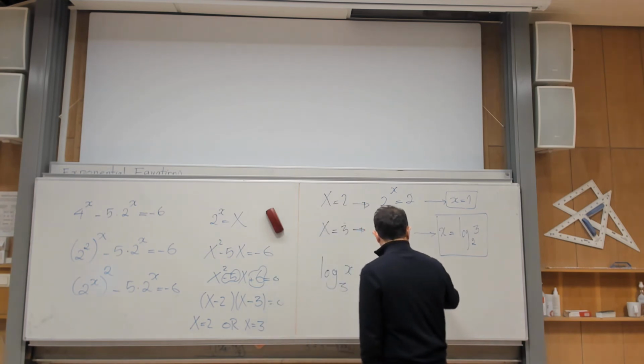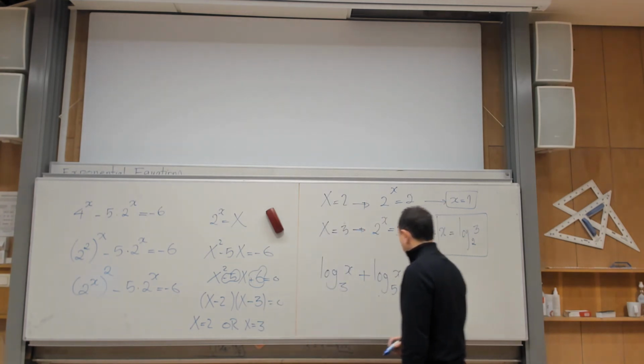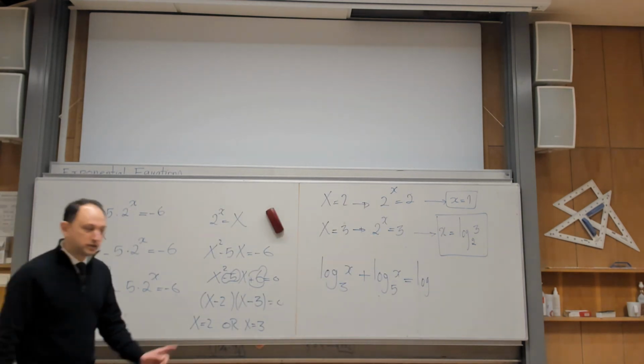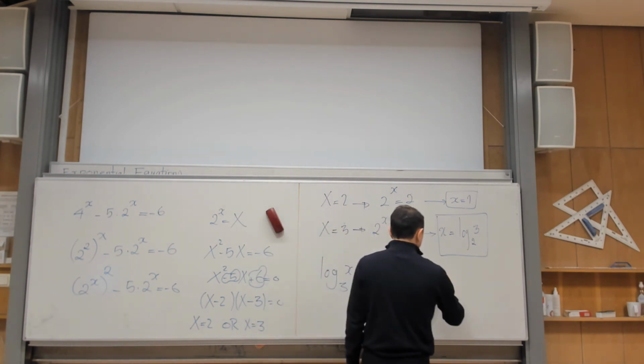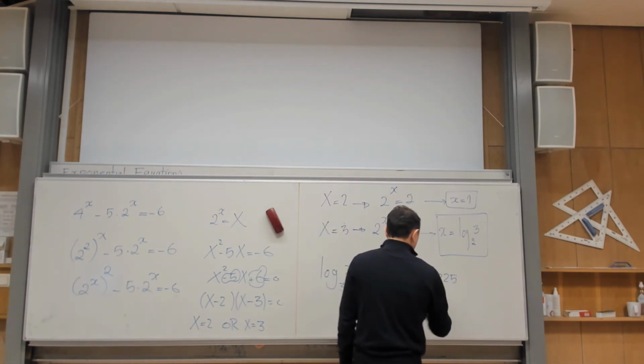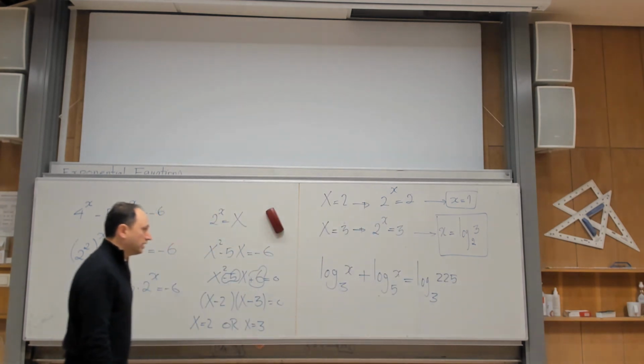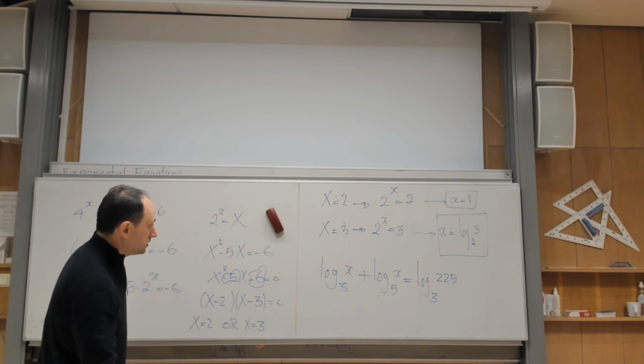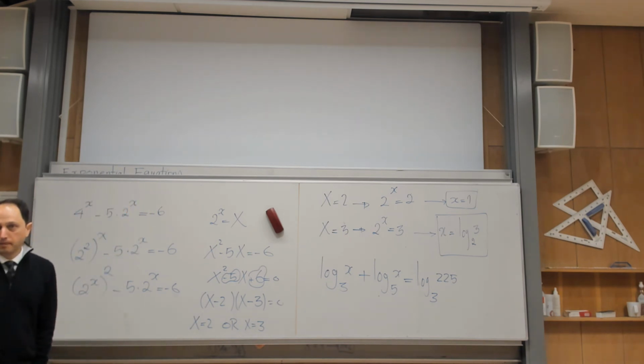This is probably not very hard, but I want to see how you think about the problem. So log of x to the base 3 plus log of x to the base 5 is supposed to be equal to the log of 225 to the base 3. Okay? So let us see how this will work.